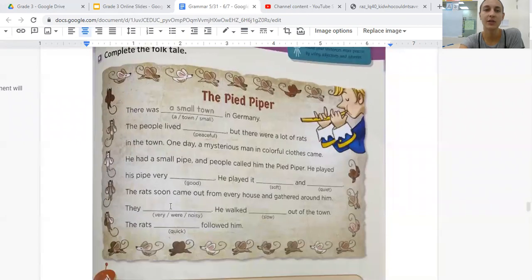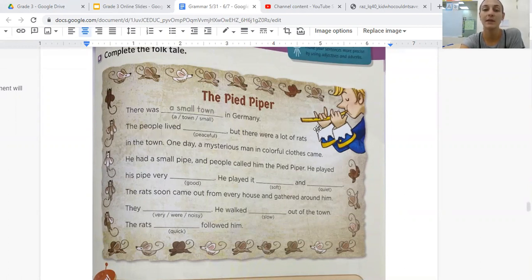All right, last page, complete the folktale, The Pied Piper. You need to use the words they give you and put them in the right order. They might be mixed around. There was a small town in Germany. The people lived blank. We need to change this to an adverb. The people lived peacefully.